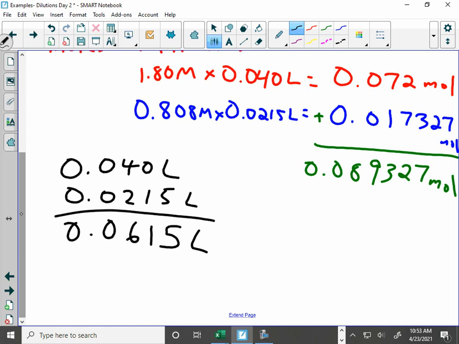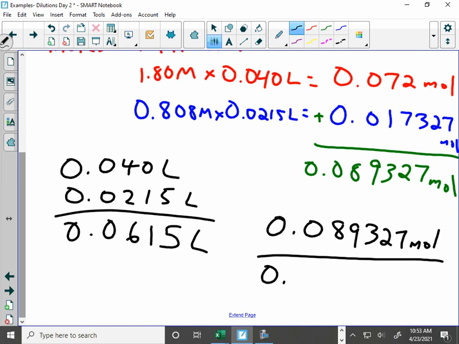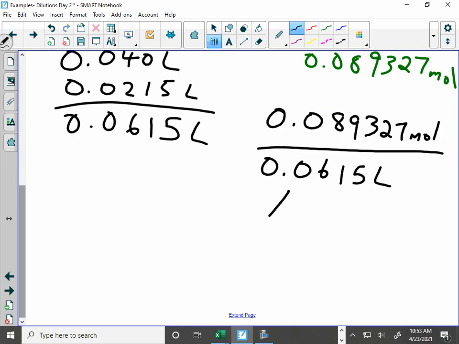Well, if I have moles and I have liters, I can get molarity, right? So I'm going to take 0.089327 moles, and I'm going to divide that by 0.0615 liters. And when I divide that, that's going to give me my molarity of the entire concentration.